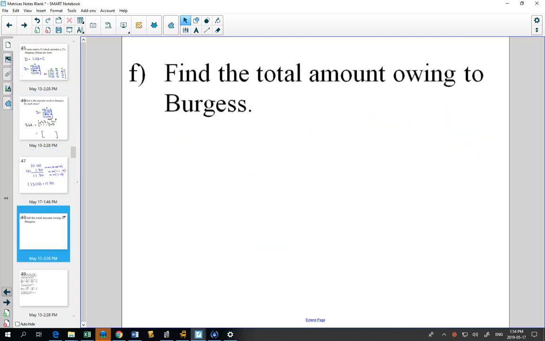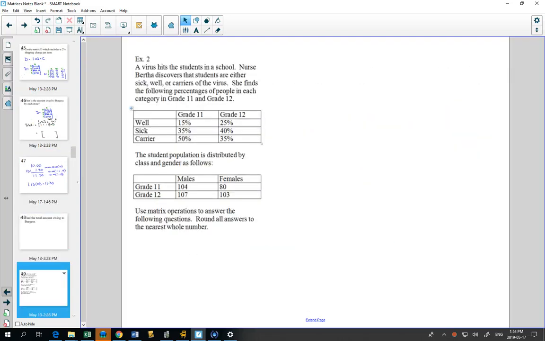Example number 2. A virus hits the school. It's nasty. Nurse Bertha, when they have school nurses, I don't think we have school nurses anymore, discovers that students are either sick, they're feeling fine, or they're carrying the virus.